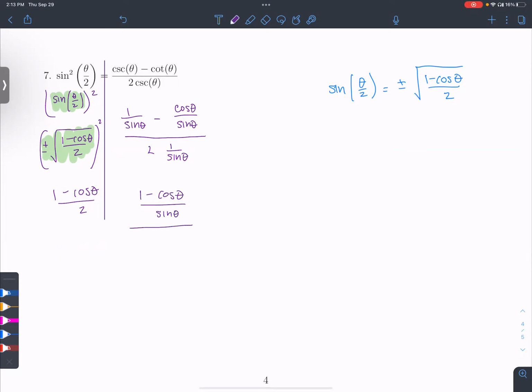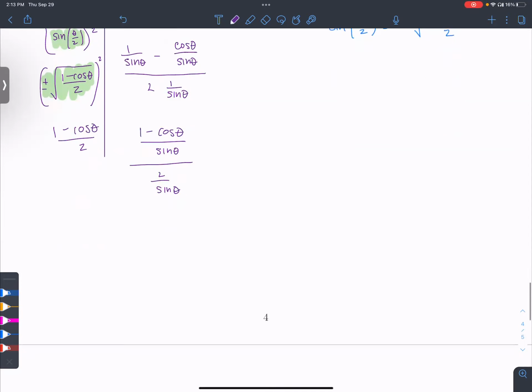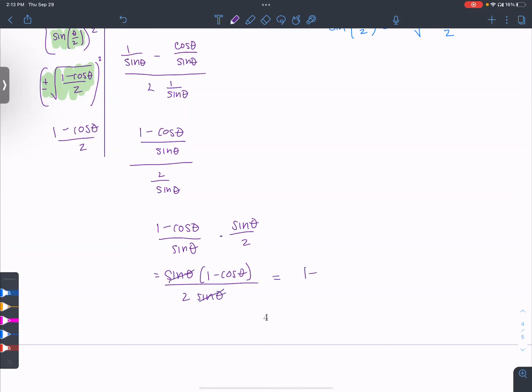And then I have 2 over sine theta on the bottom. I am going to keep change flip. So 1 minus cosine theta over sine theta times sine theta over 2. We have sine theta times 1 minus cosine theta over 2 times sine theta. These go away. We have 1 minus cosine theta over 2.